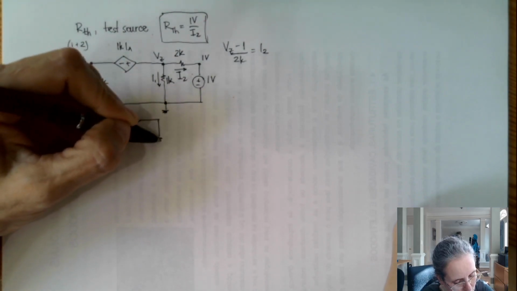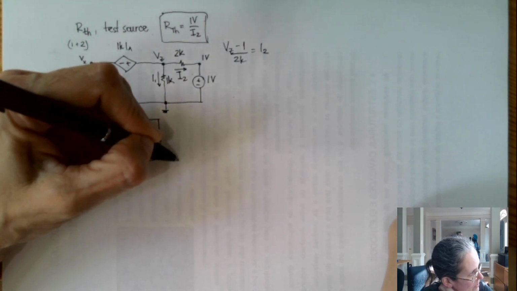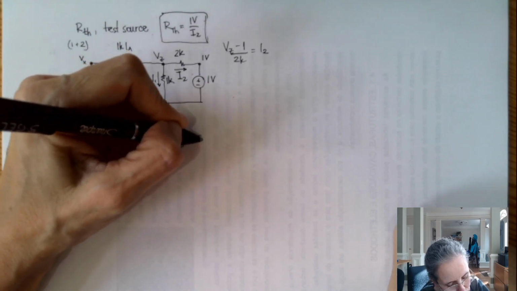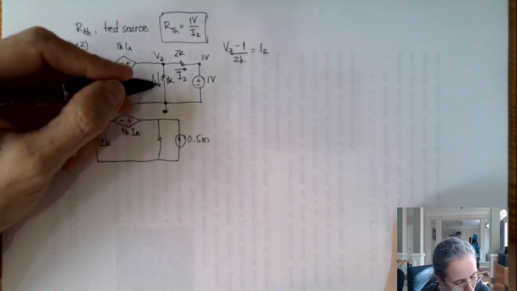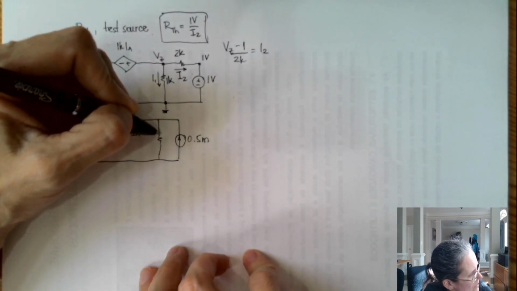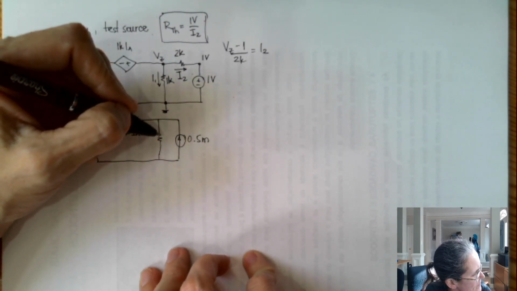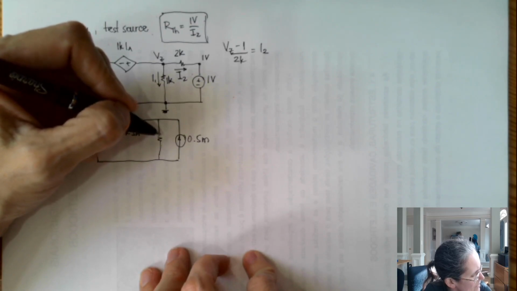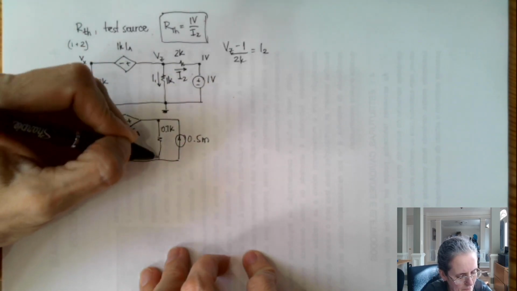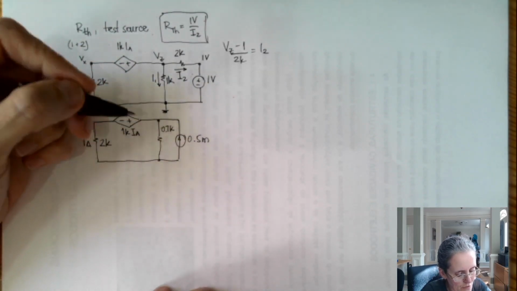So I'm going to do IA here, and this, if you are a ninja with a source transformation, you're going to see that this is 0.5 milliamps, and this is 1K in parallel with the 2K, which is 2/3, which is 0.7K. And then I'm going to transform it back.